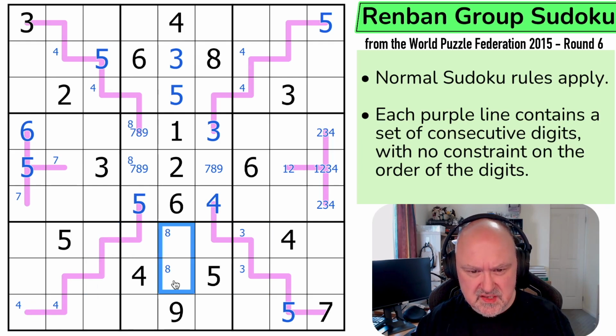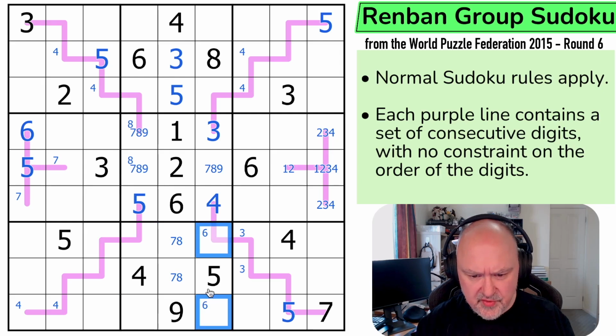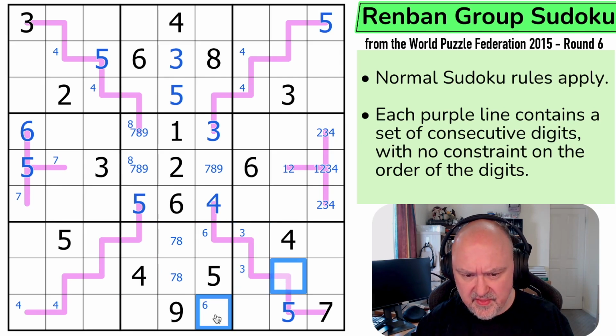Well, what are these? 1, 2, 3, 4, 5, 6. These are 7 and 8. Six is in one of those two. Now, if this was a 6, I'd have to put 6 on the line there, and then 6 on this line would have to be there. If this is a 6, I've already got the 6 on the line.